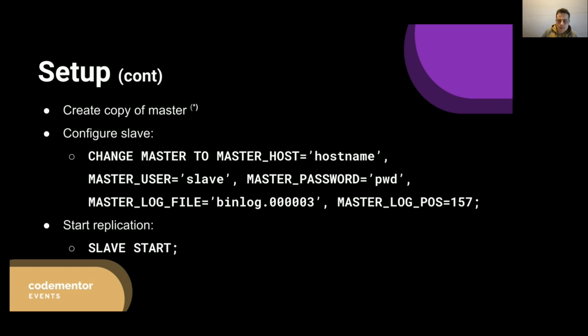Later, we will see that when MySQL is configured to use global transaction IDs, you can omit this part and say that please use auto positioning, and it will work like magic. And last thing, you should start replication by start slave.